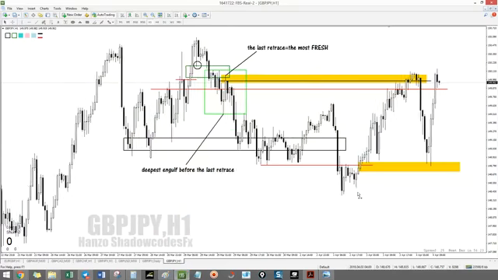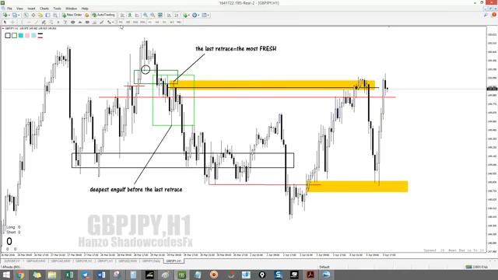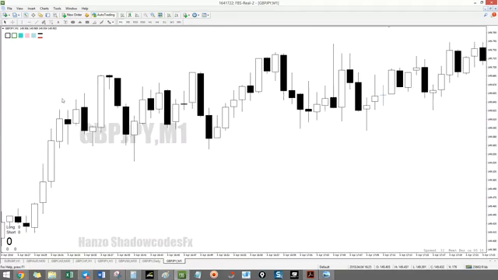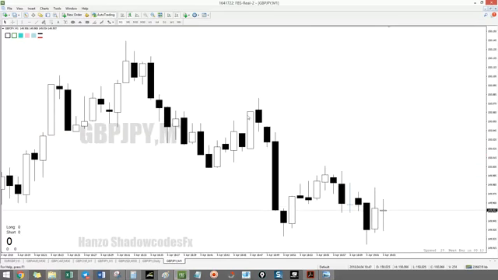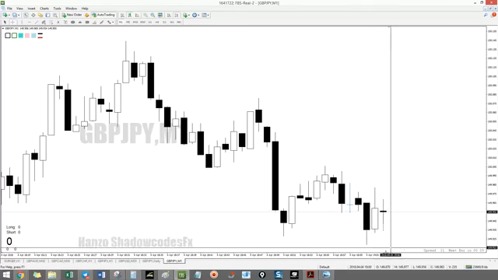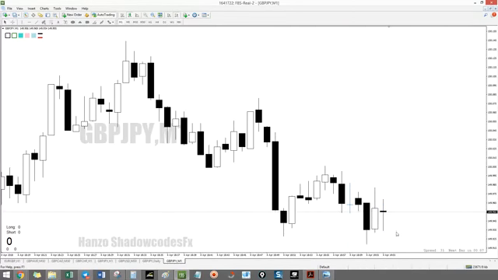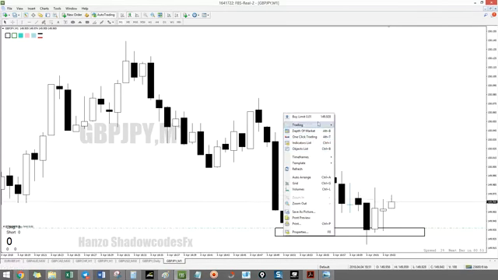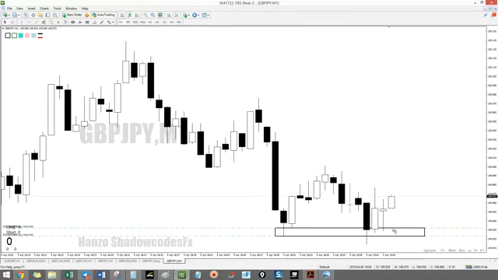Let's test on the current market. Can we go to M1? Like this. Okay, so you see this ST1. For example, you buy limit here, buy limit here, so you have two buy limits using this ST1.